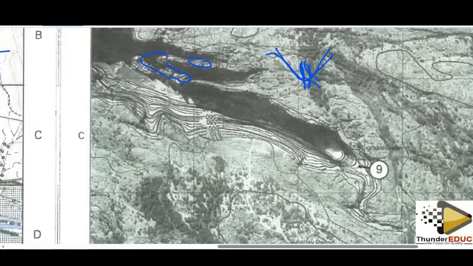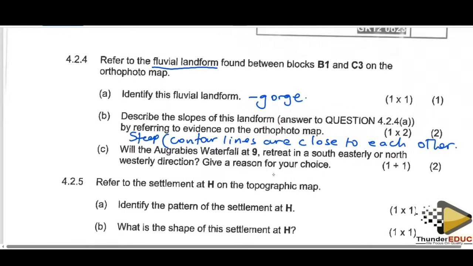Let's go back to check the question again. Will the waterfall at 9 retreat in a southeasterly or westerly direction? I'm going to say it will retreat in the southeasterly direction. Give a reason.